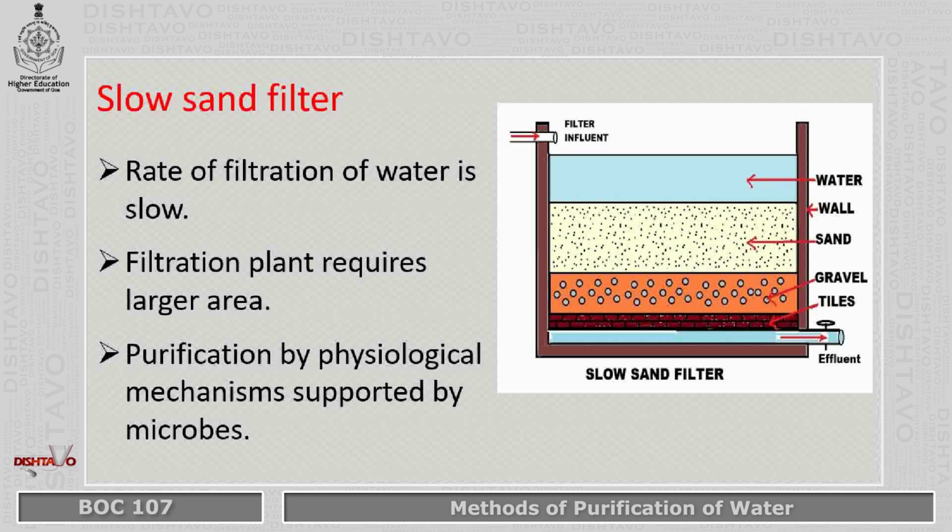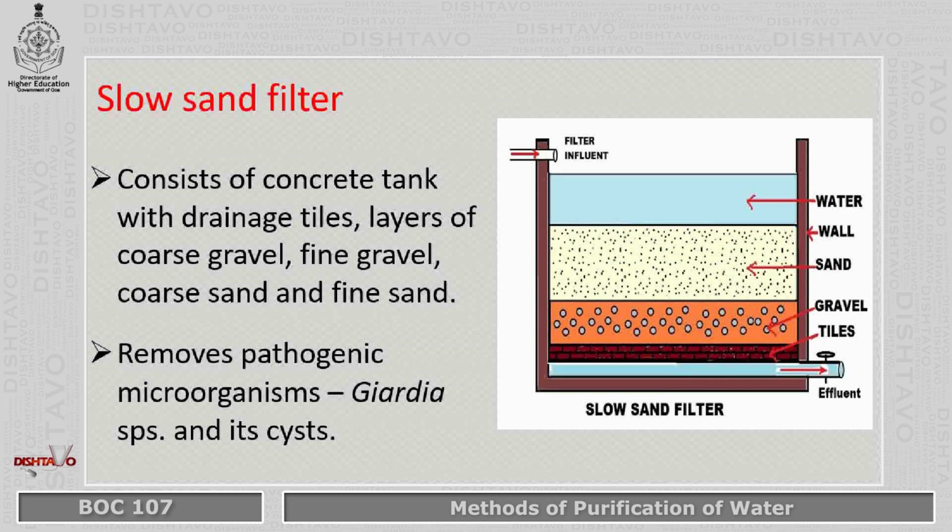In the case of the slow sand filter, rapid filtration of water does not take place. The rate of filtration is quite slow. The filtration plant requires a large area, and purification of the water takes place by physiological mechanisms supported by microbes.